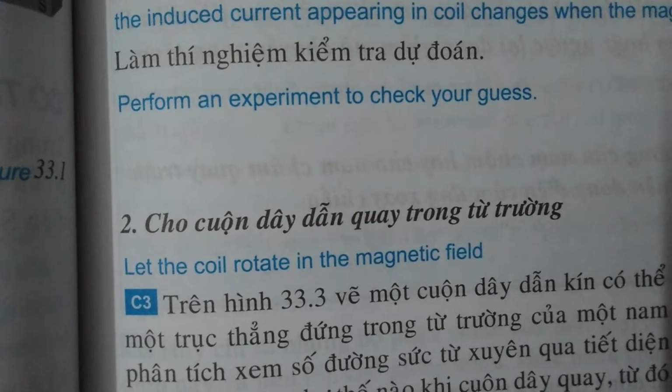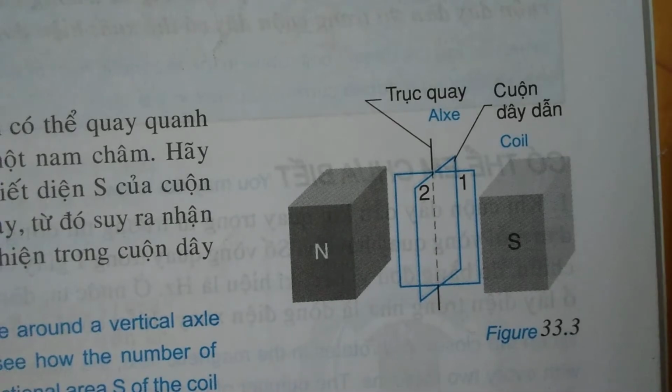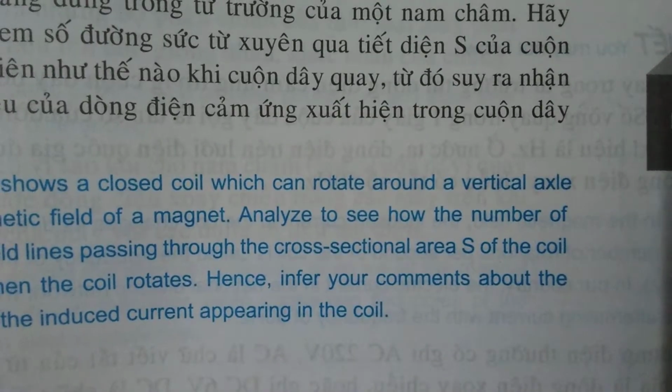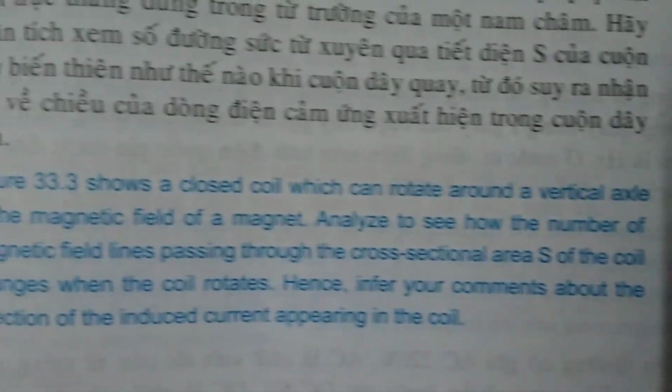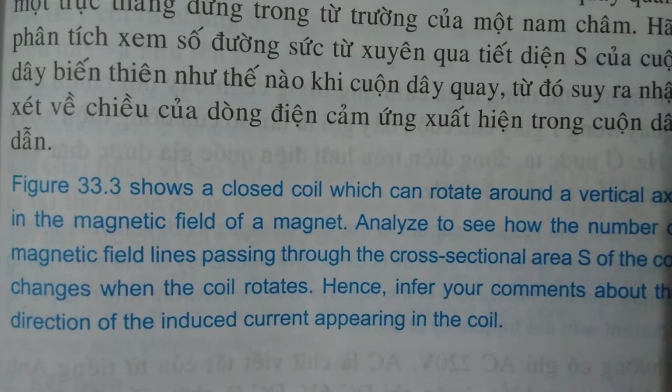Let the coil rotate in the magnetic field. Figure 33.3 shows a closed coil which can rotate around a vertical axle in the magnetic field of a magnet.